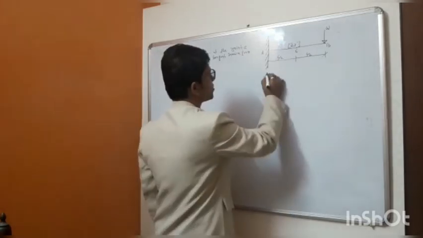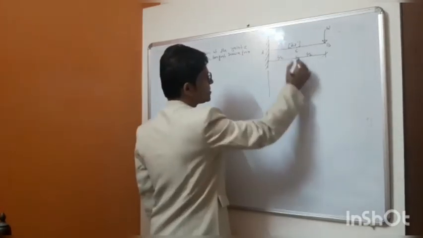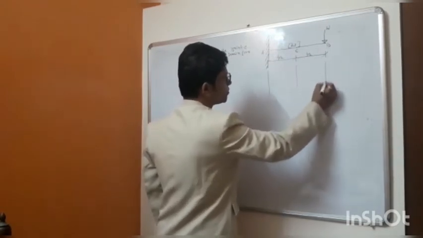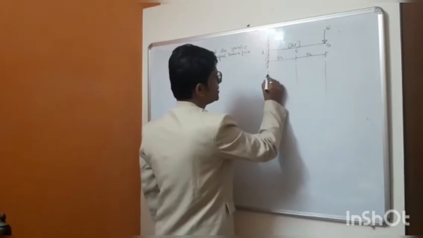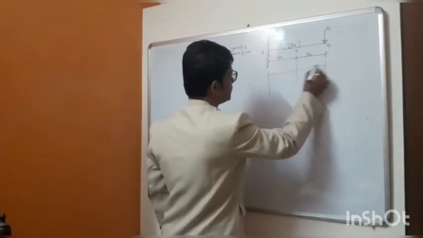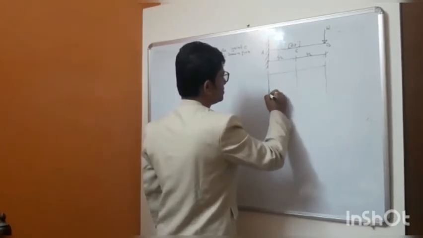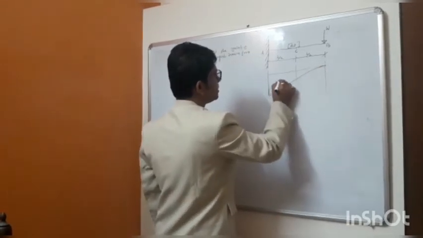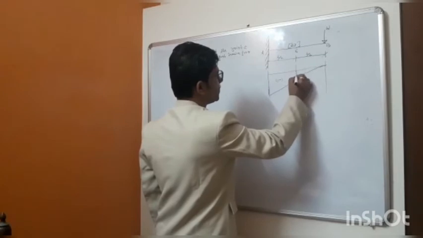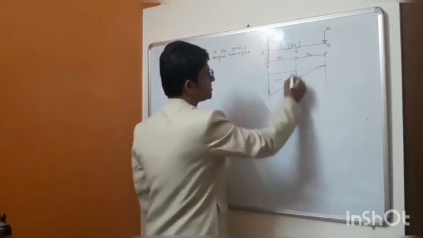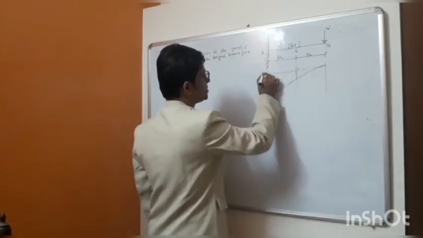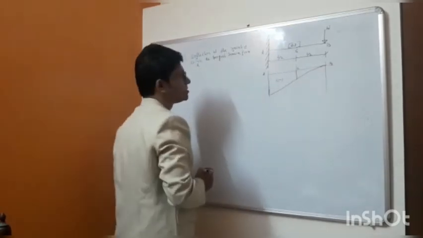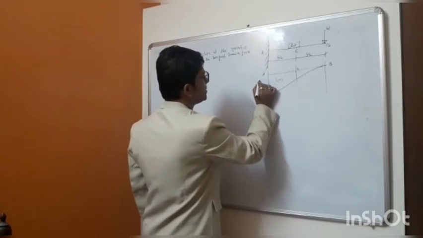So let us draw the M by EI diagram. EI is the flexural rigidity here. If we draw the M by EI diagram, it will be a triangle, and we are to find deflection at the point C. This is A, this is B, and this is the M by EI diagram.